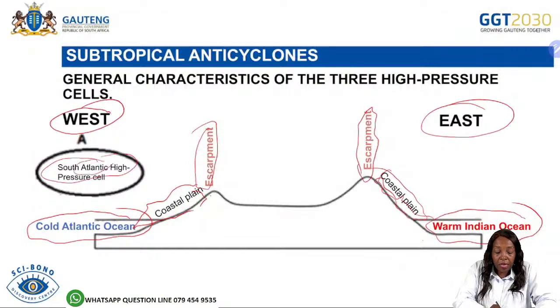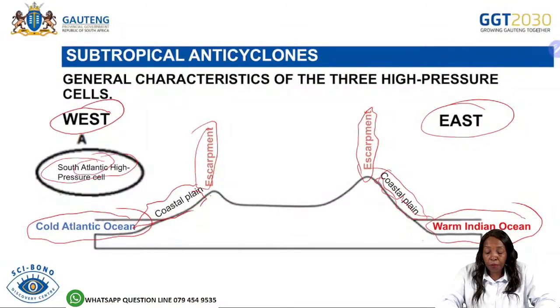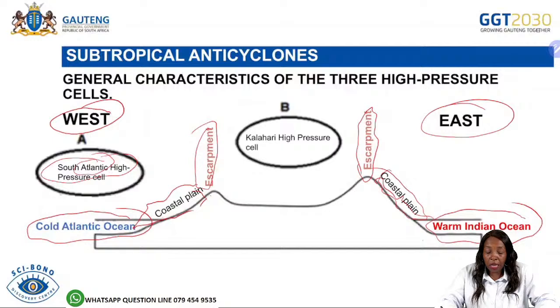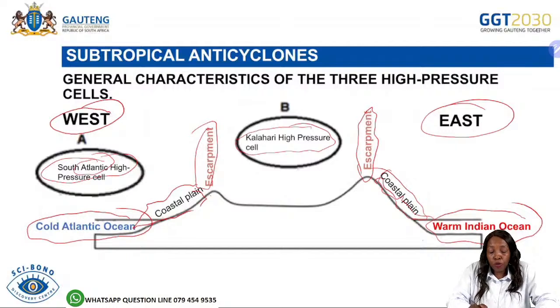I said your guideline is the ocean over which these high pressure belts are formed. And then to the east of the country, rather, before the east, we're looking at the interior. In the interior, we've got the Kalahari high pressure cell. So from the map that you were looking at, we are now looking at the cross section of the very same map that you were looking at in the slide before.